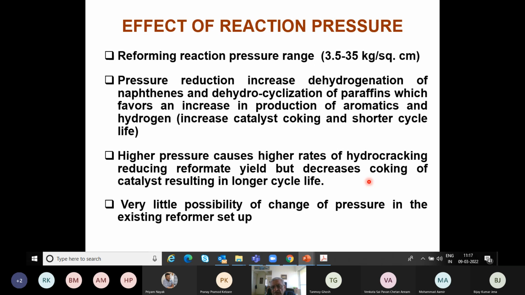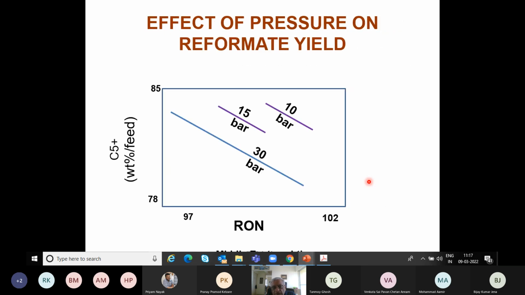So pressure is very important to reduce the coke formation, and therefore a longer cycle life between two regenerations. So this is very clear. I mean, the idea is to operate at the lowest pressure possible, but we are limited in terms of the coke deposit on the catalyst, and therefore the regeneration cycle.